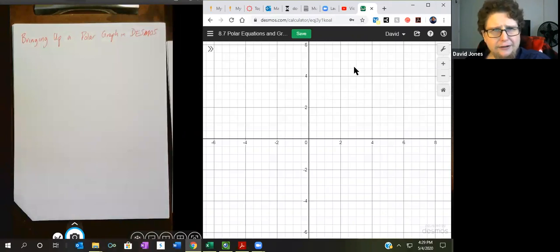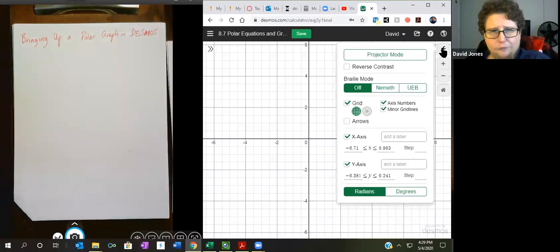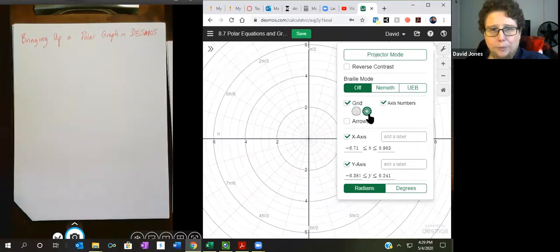I've already logged in. I have a bunch of equations saved, but I have it in the regular rectangular or Cartesian coordinate system. All you have to do is click on the wrench, and it says graph settings right here. If we click on it, see where it says grid? I can switch over here, and it looks like a target system or a bullseye. I can tell it I want either radians or degrees.